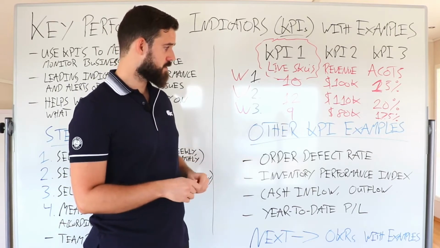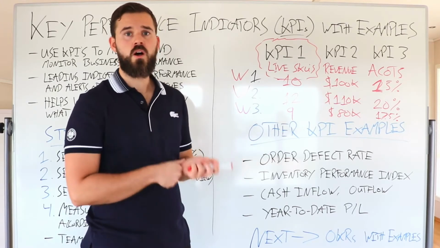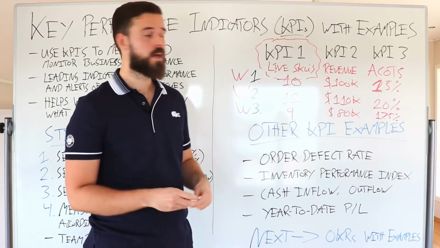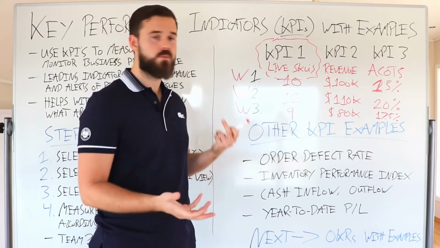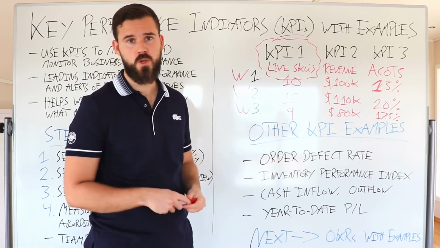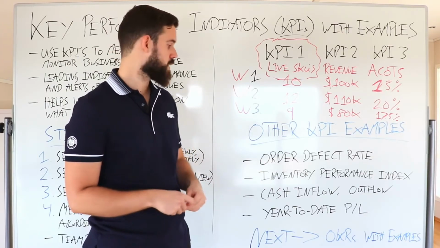Now that's a KPI that would give you a good finger on the pulse of your supply chain in terms of quality control. So this is a metric where normally the order defect rate is like 0.20 or something like that. So very low, like less than 1%.